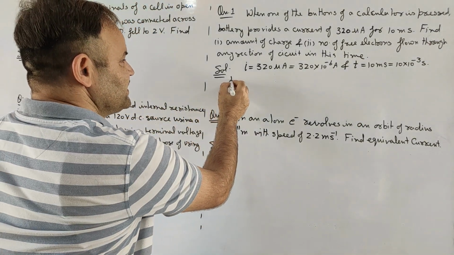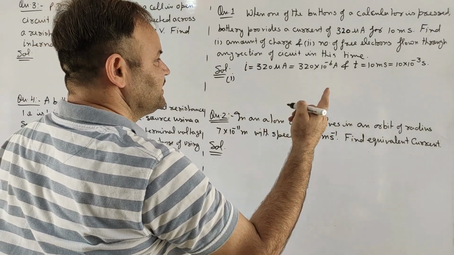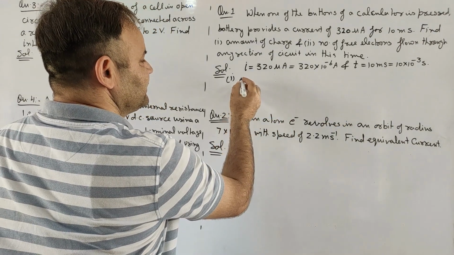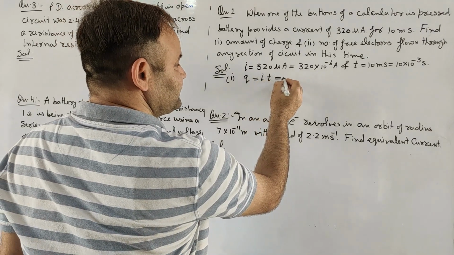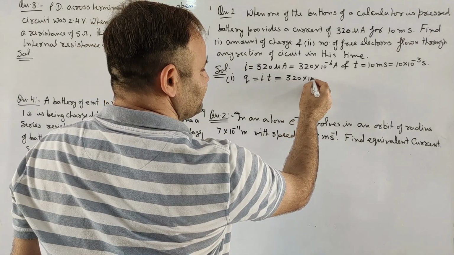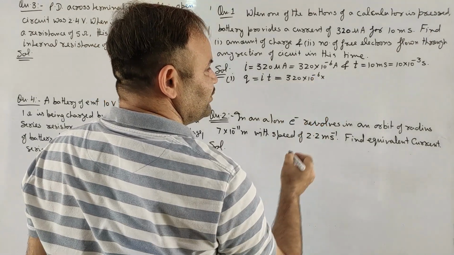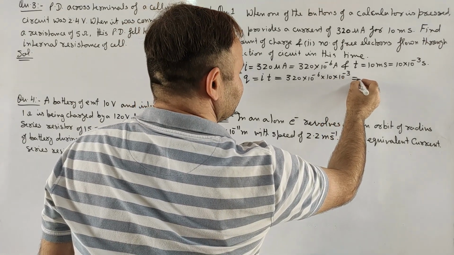So first thing, the amount of charge passed through any section of the conductor in 10 millisecond. Q will be I into t, and I is 320 into 10 to the power minus 6, into t, 10 into 10 to the power minus 3.